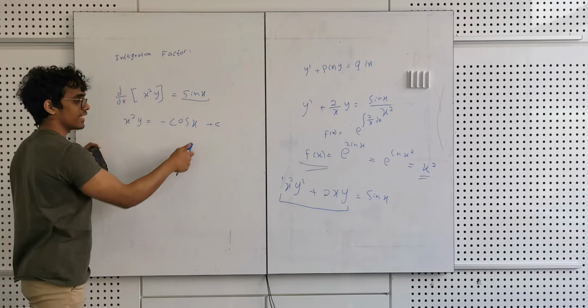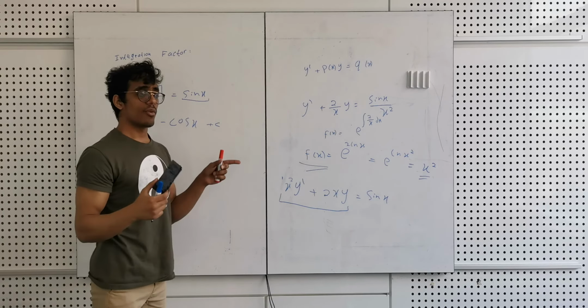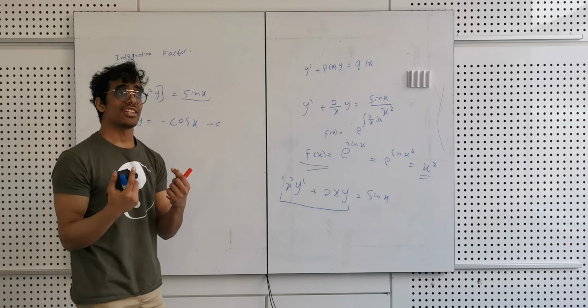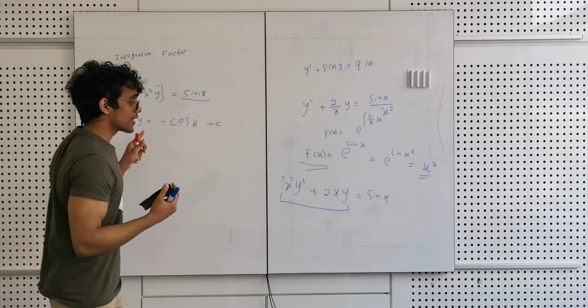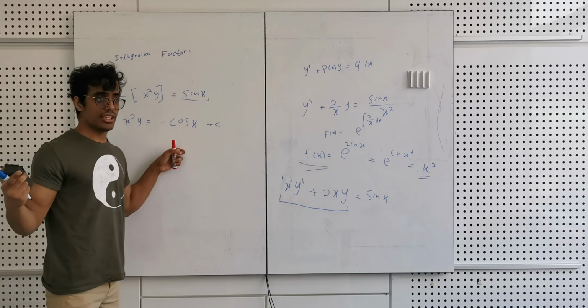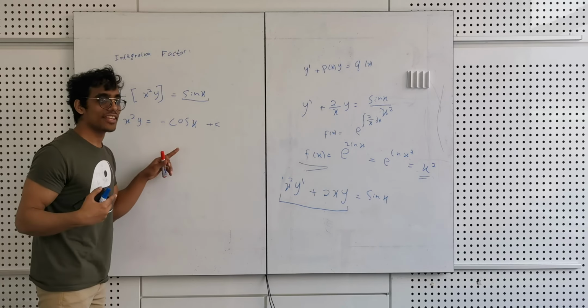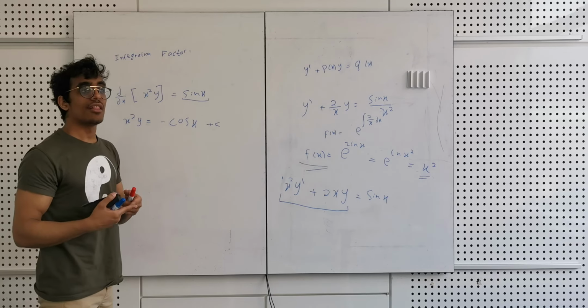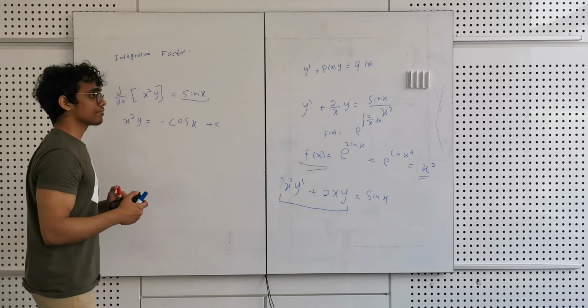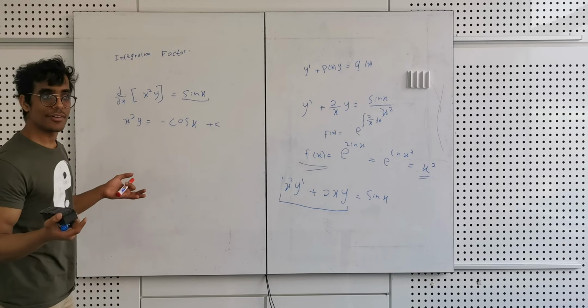And we have to put c here because while finding the function of the integrating factor we wanted just a function, but here we want to find the family of functions. So we cannot just put c equal to 0, we cannot forget the c here because we want to find all the families.